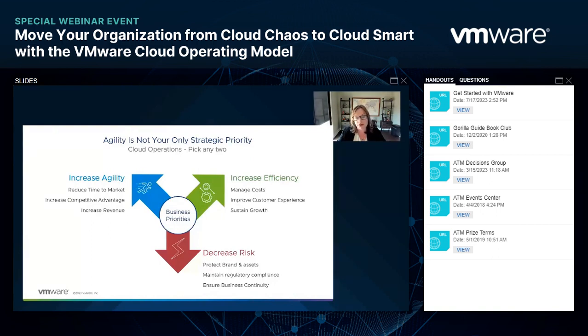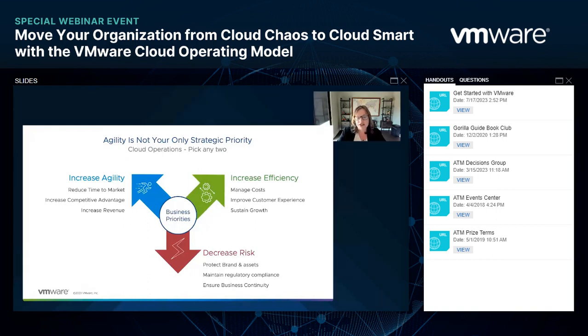But it's not the only priority that our IT organizations have to contend with. We're also constantly being asked to increase efficiency in terms of reducing or managing costs effectively, improving the customer experience, and being able to sustain growth.